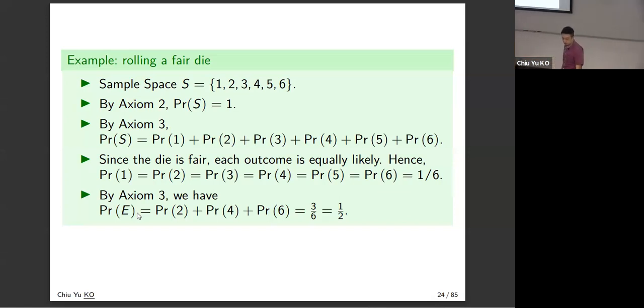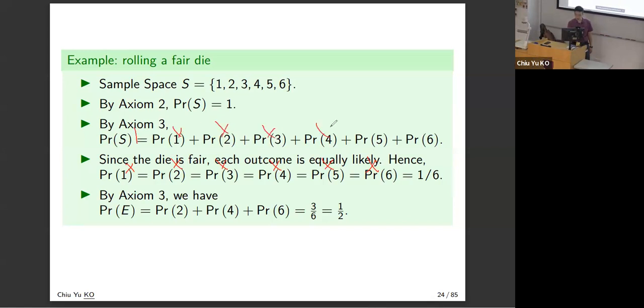It's actually by solving the equation. Is that clear? Maybe I should put it there in case you don't know. Because you assume that fair is x here, you have 1 equal to 6x. That's why you get this. Okay, it's not 1/6 by definition. It's not direct. You have to calculate. Okay, it's by assumption.